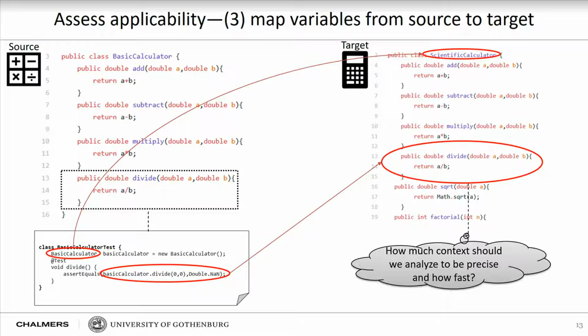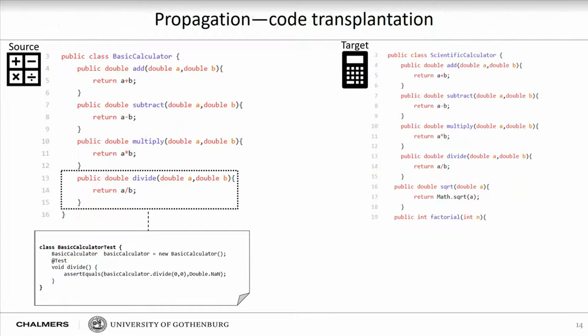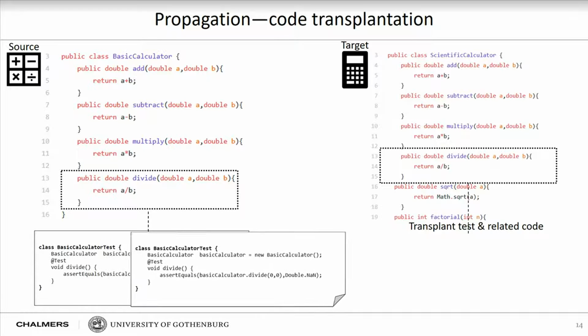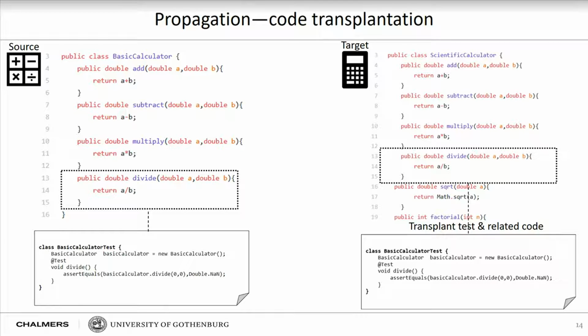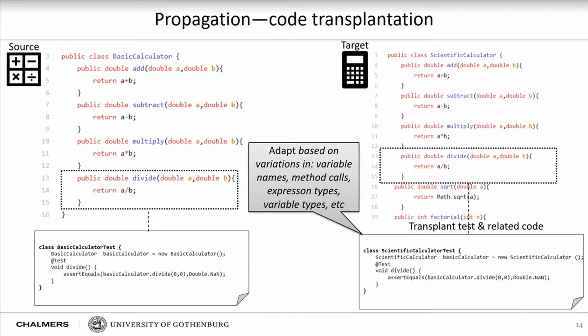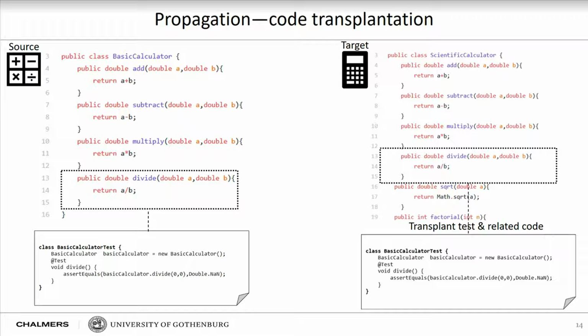Once we have these sets of variables that have been mapped, the next step is to propagate the test case. And here we want to transplant the code of the test case and its related code. So in transplanting, as you can see here, if we just move the test case as it is, we are bound to get some errors when building this project.